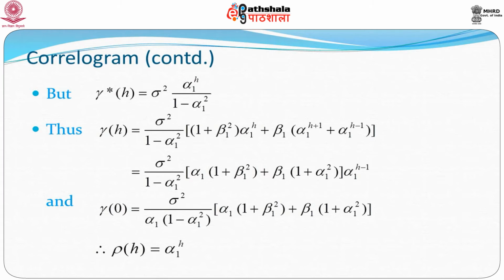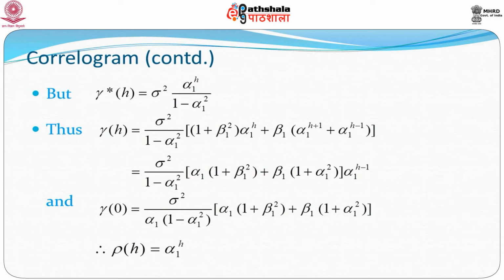Now, what is important here is that if you look at this term, the first part is independent of h. So, you just have the constant alpha 1 plus beta 1 into 1 plus alpha 1 beta 1 divided by 1 plus beta 1 square plus twice alpha 1 beta 1. There is no h here, but in the second part you have alpha 1 to the power of h minus 1.